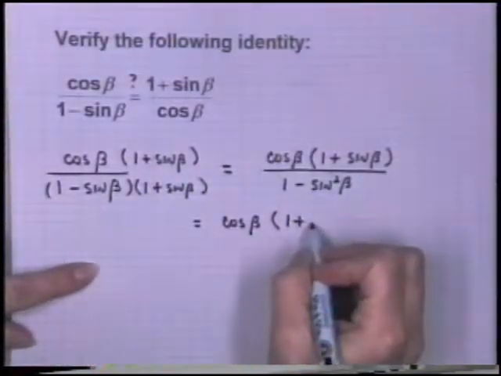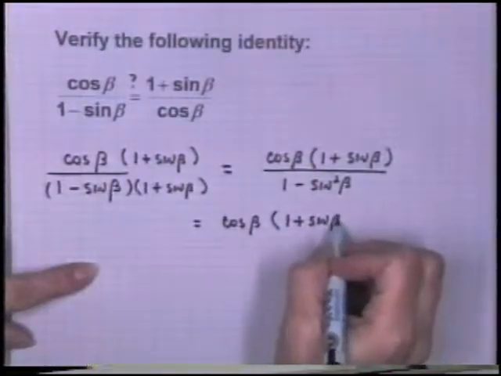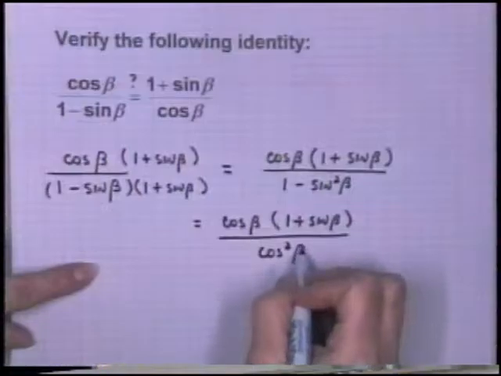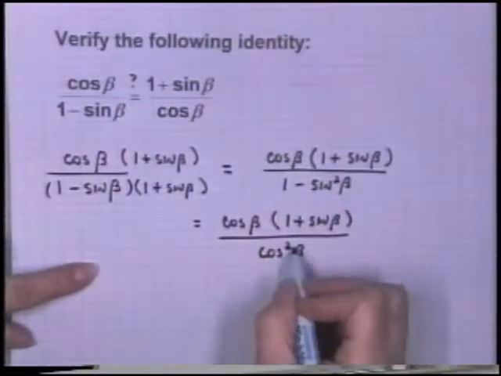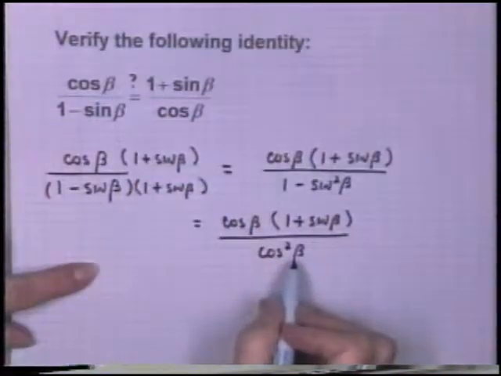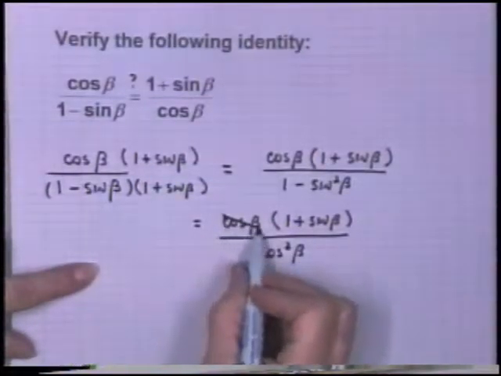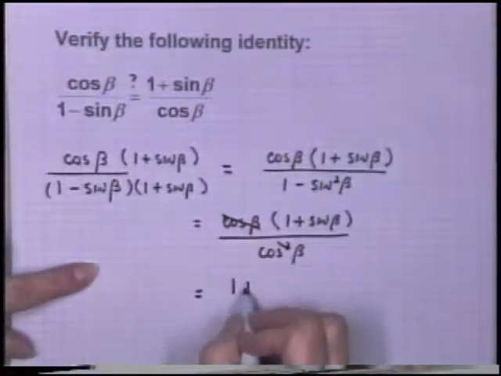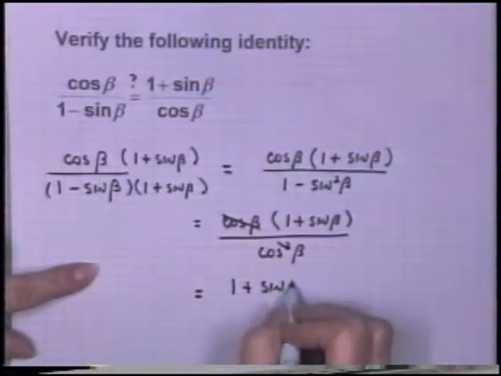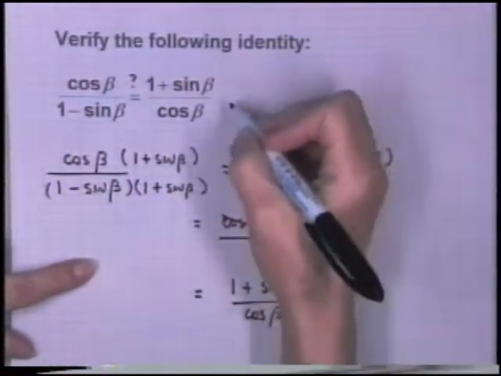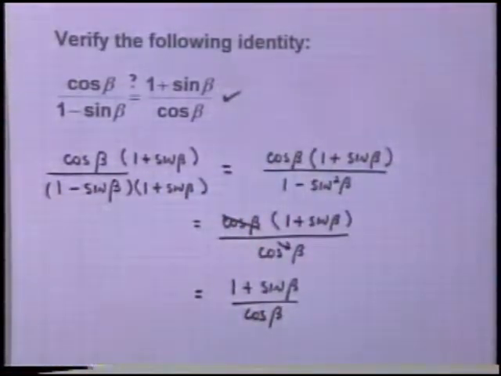So we can replace that with cosine squared beta, which is going to be really nice for us if you're looking ahead here. 1 minus sine squared beta is cosine squared beta. Now look at this factor. We can cancel, can't we? Cosine beta will cancel one of these cosines down here in the denominator, and I will have produced exactly what I wanted to produce. 1 plus sine beta over cosine beta.